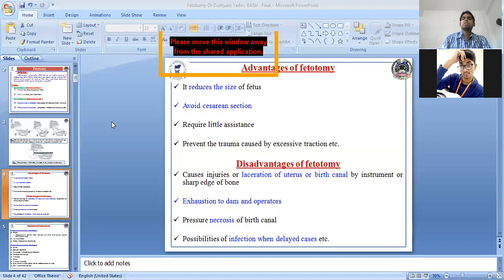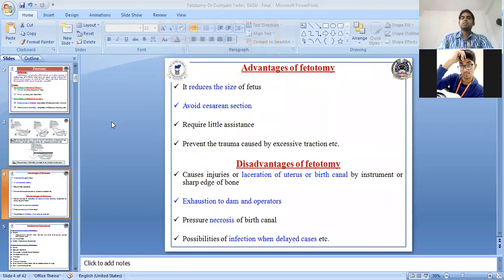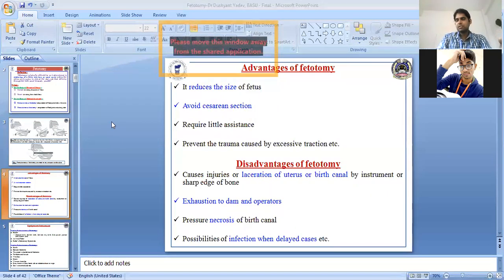And it also prevents the trauma caused by excessive traction. When we use mutations, after the mutation force traction is applied, and so much injury comes.